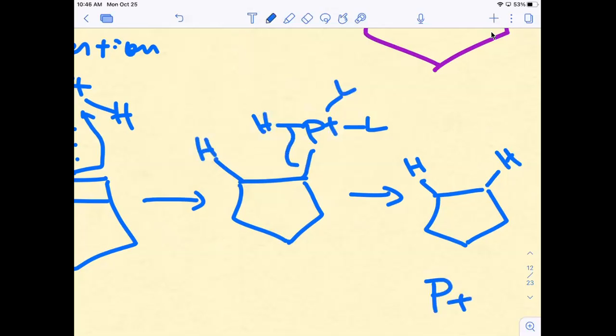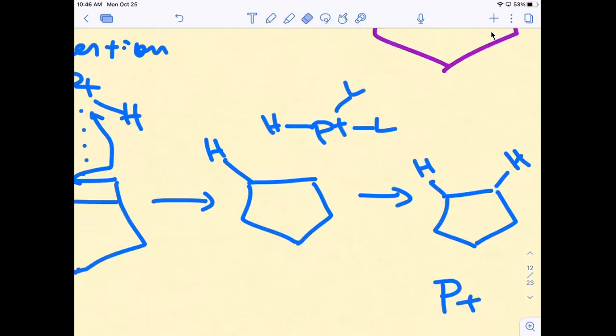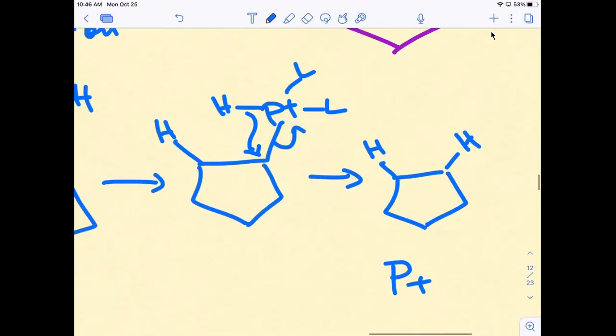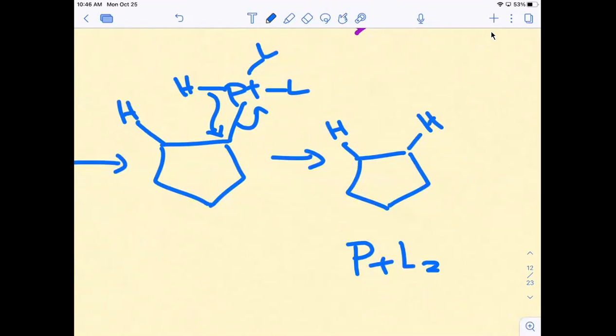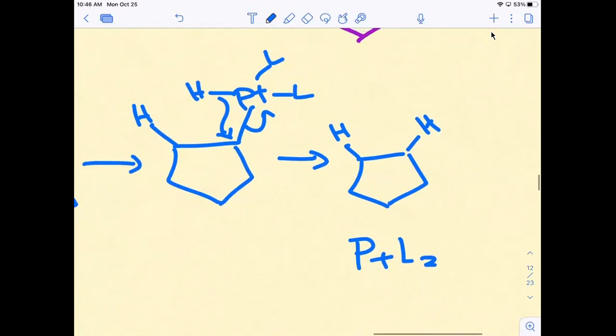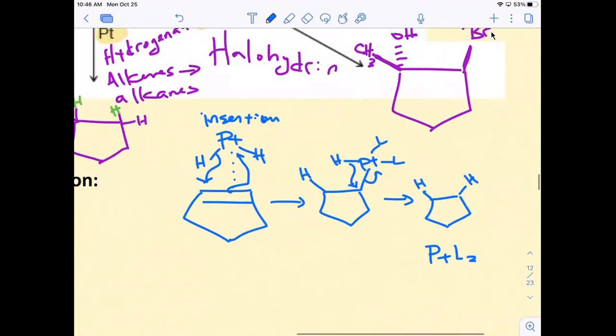So this is going to come here like that. And this is, again, kind of beyond the scope of the class, but it's good to know. So your platinum catalyst gets regenerated. Always, anytime you use a catalyst, it's going to be regenerated in the end.